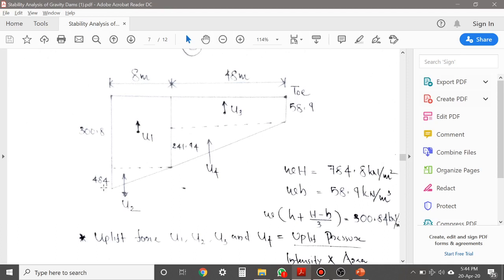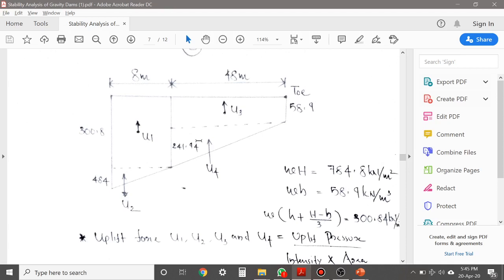Okay, see, this is a complicated figure, so let's divide the entire figure into a rectangular portion, a triangular portion, a rectangular portion, and again a triangular portion.